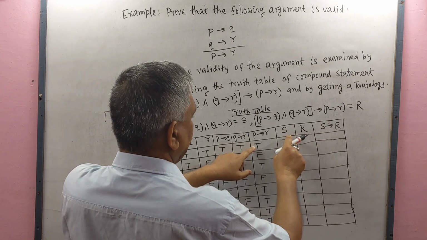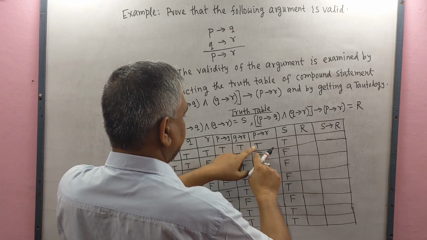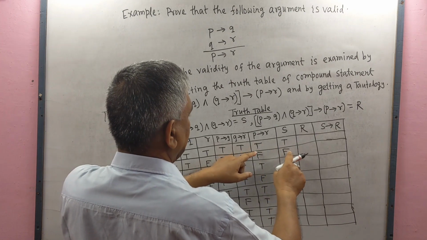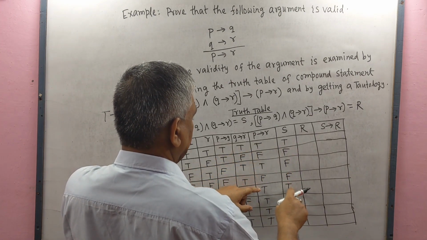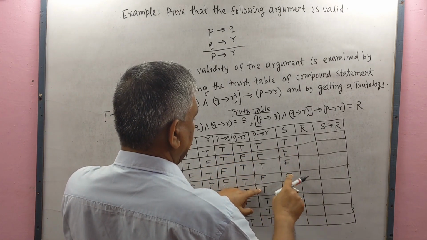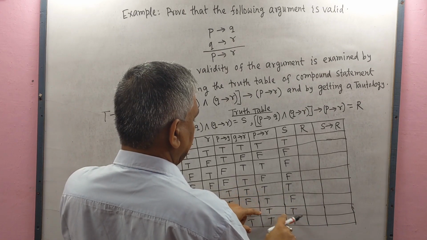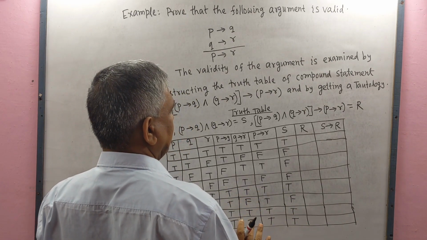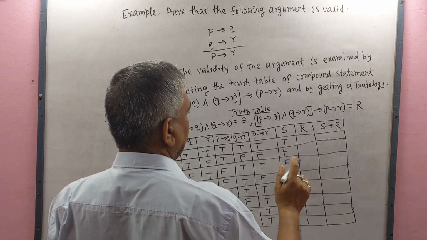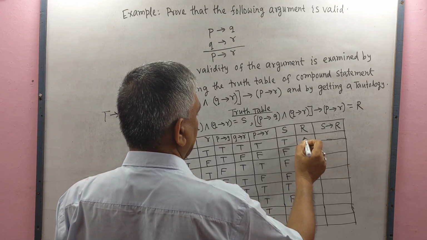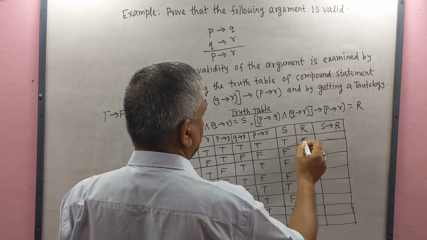So here we have to find T and F, then F. T T T T T T F F T T T T T T, no T F. Then it will be T.